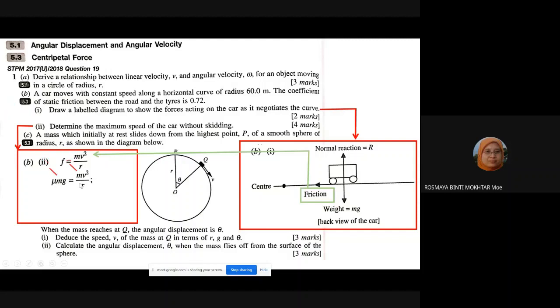Then we can cancel the m, so we get v squared equals mu rg. So we substitute the values. Mu is given 0.72, radius is 60.0 meter, and g is 9.81. The answer is 20.6 meter per second. That's the maximum speed for the car without skidding.